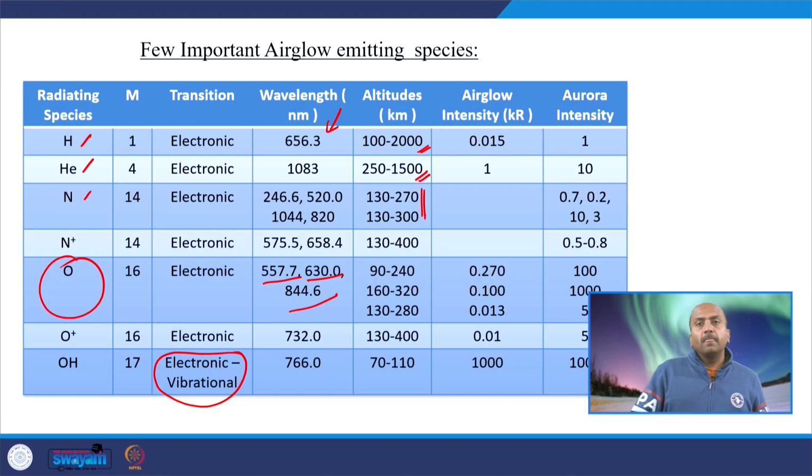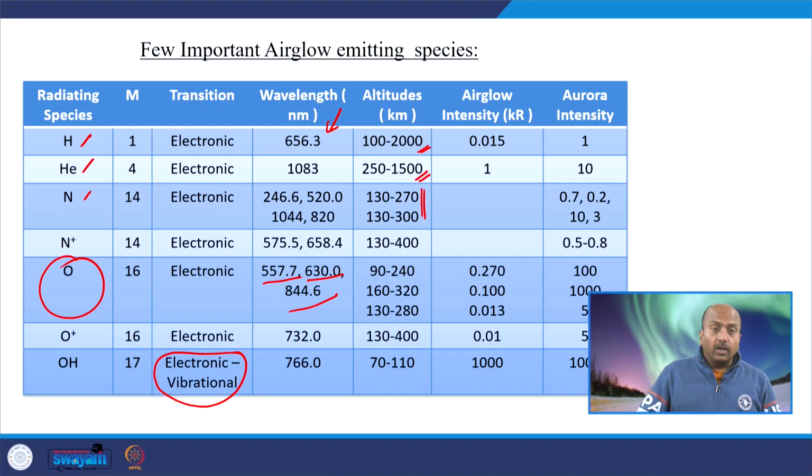At the same time, each of these excitation and de-excitation processes depends on the temperature, depends on the ambient densities, so many other things which are characteristic features of the emitting region. So, depending on the light that we get, we can infer a lot of information about the physical or chemical state of the emission region.